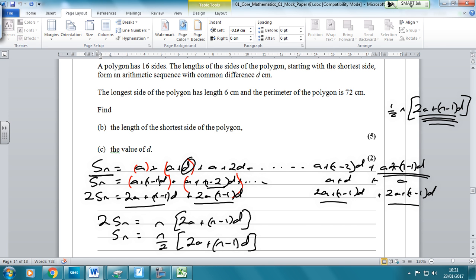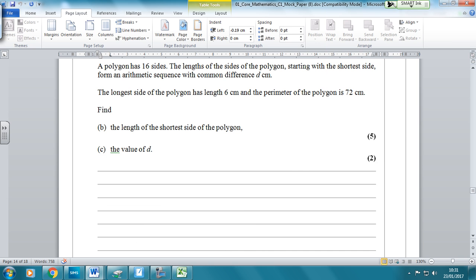Okay, so we've then got an actual question based on this. We've got a polygon which has got 16 sides. The length of the sides of the polygon, starting with the shortest side, form an arithmetic sequence with common difference d. So we've got a, a plus d, a plus 2d, all the way up to a plus 15d.